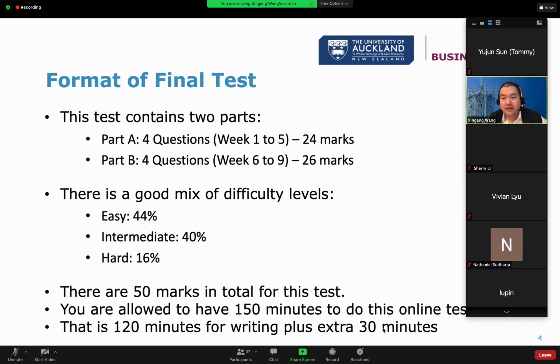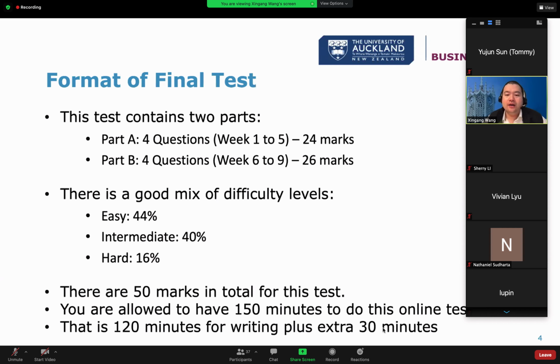So I think there's a good mix of difficulty levels. In my opinion, there should be easy questions of about 44%, in terms of marks. As you know, in total, 24 plus 26 is about 50, right?